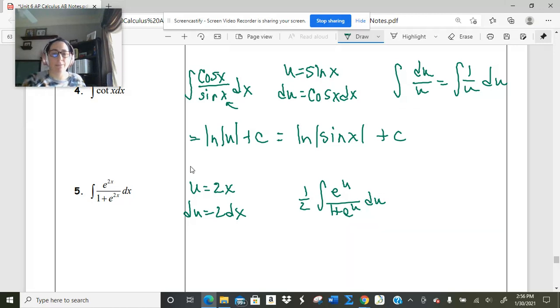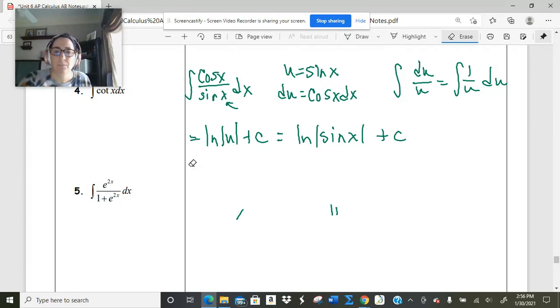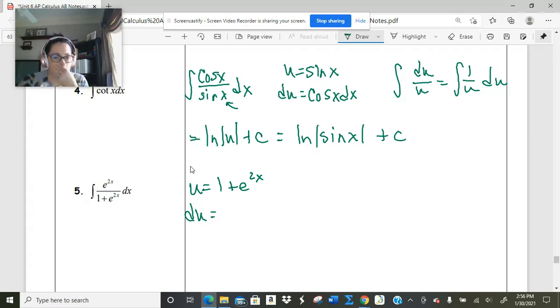That doesn't help me. I can't figure out what to do here, okay? So this one, that 2x is not my u. What is my u is the entire denominator. So my u is going to be the 1 plus e to the 2x. And let's see why that happens.